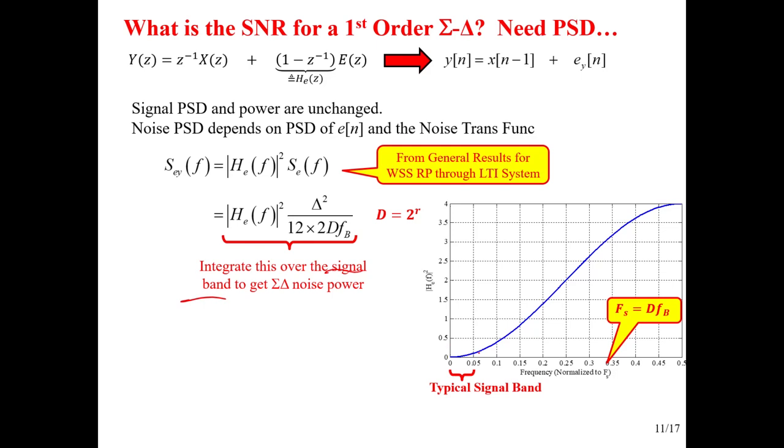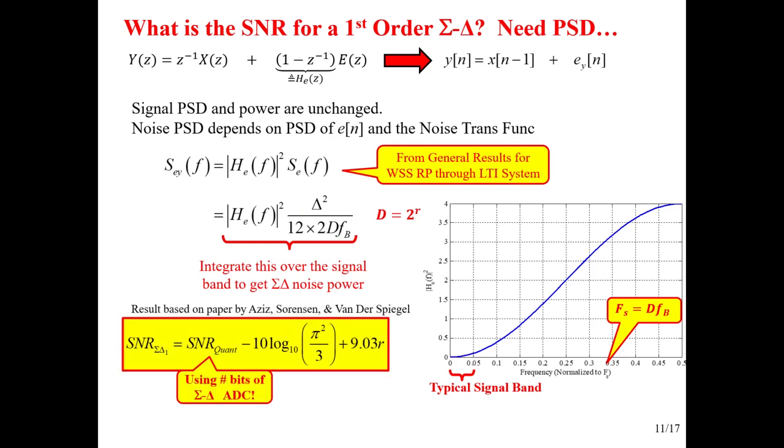So if the signal band is typically here, I need to take this level times these numbers and then integrate that. I'm not going to do that, but somebody did that, and there's a result given in that paper, and it turns out to look like this.